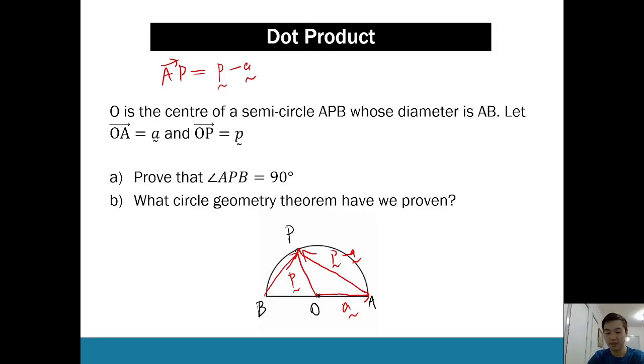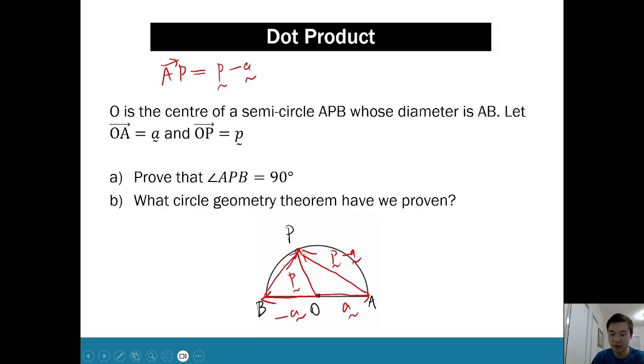But now we need to express BP in terms of p and a. This vector OP is p, and this vector OB is going to be negative a, because it's the same length, being the radius of a circle, but going in the opposite direction to OA.